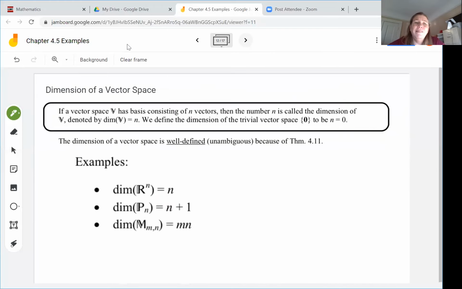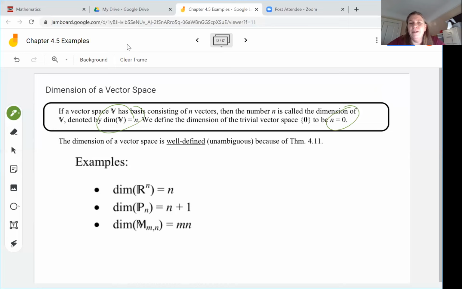So this brings us to this concept known as dimension. If a vector space has a basis consisting of n vectors, then the number n is called the dimension of V, and it's noted this way. We say dim of V equals n. And we define the dimension of the trivial vector space, the zero vector, to be n equals 0, even though there's an element in there.